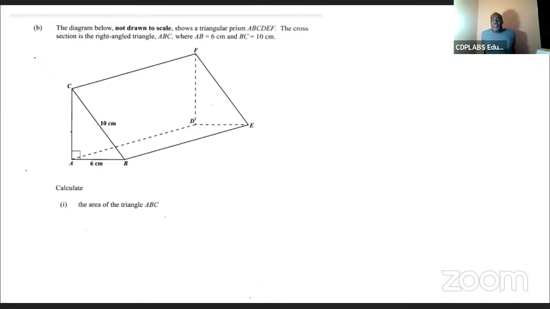It shows a triangular prism. And you see two triangles, so it's really a triangular prism. A, B, C, D, E, F. The cross section is a right angle triangle ABC, where AB is equal to 6 centimeters and BC is equal to 10 centimeters. Find the area of the triangle ABC.